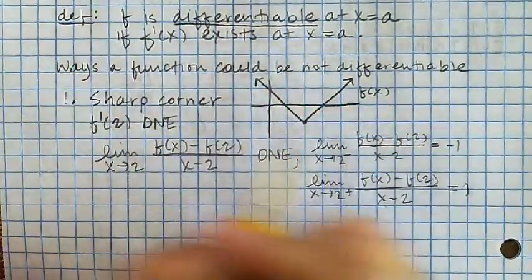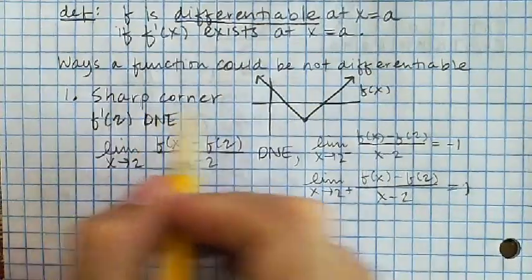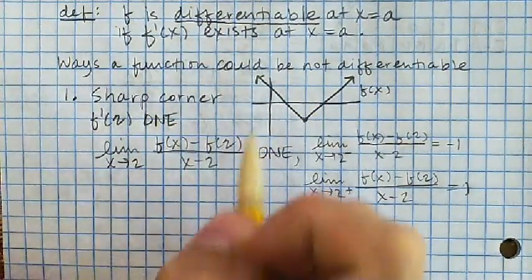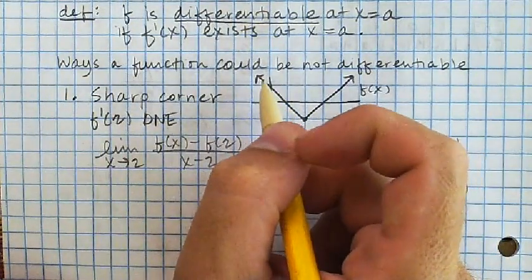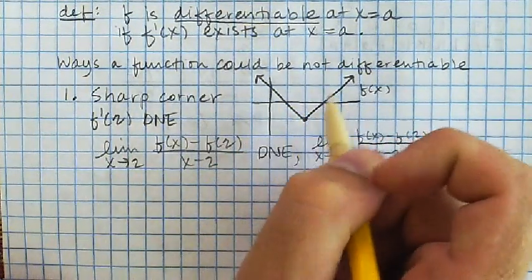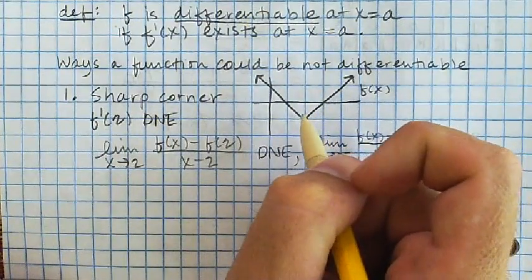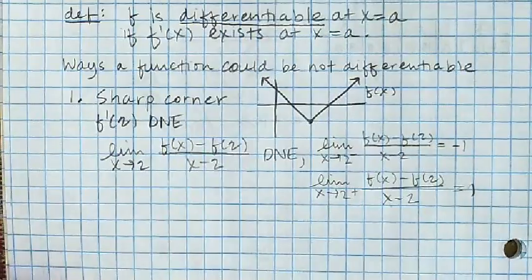Disagreement in the one-sided limits means this limit doesn't exist and the derivative does not exist. So it's not differentiable at a sharp turn, because the derivative goes suddenly from one thing to something else. It's not smoothly happening.